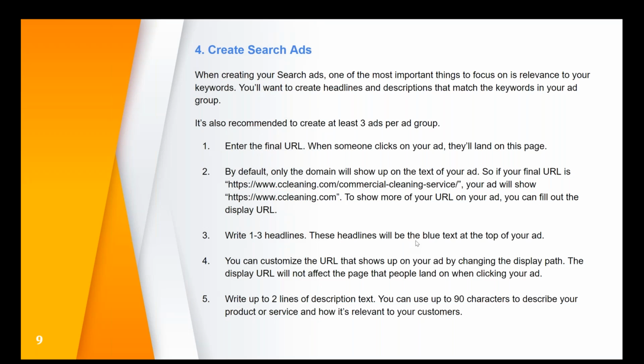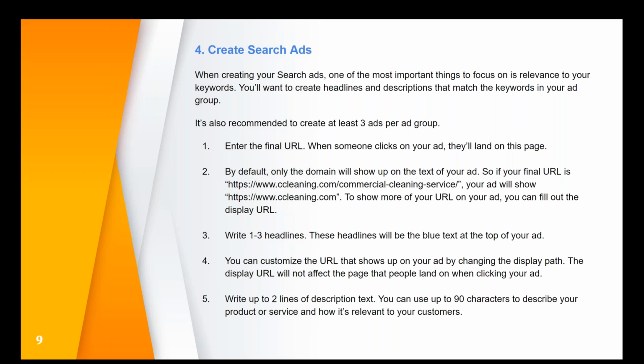These headlines will be the blue text on the top of your ad. You can customize the URL that shows up on your ad by changing the display path. The display URL will not affect the page that people land on when clicking on your ad. So with the display URL, you can do some keyword stuffing, so the ad becomes more attractive for people who search on Google search.